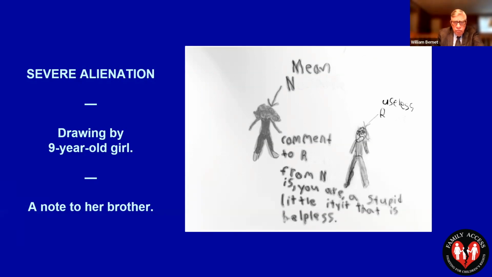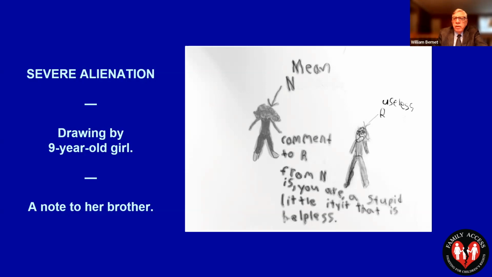And I'm about to show you another picture by the same girl, which is a picture of herself. And it's a very, very negative picture. I know I keep giving you these warnings, but I think you need to prepare yourself that this same little 9-year-old girl draws a picture of herself that is extremely unhappy.